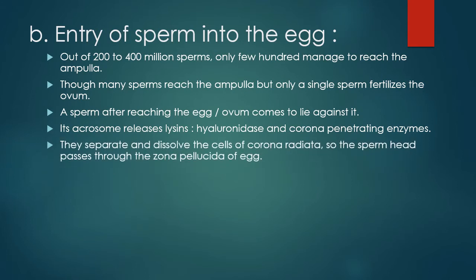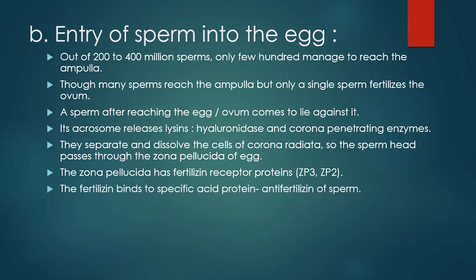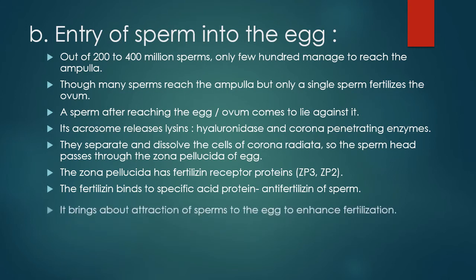They separate and dissolve the cells of corona radiata, so the sperm head passes through the zona pellucida of the egg. The zona pellucida has fertilizin receptor proteins ZP3 and ZP2. The fertilizin binds to a specific acid protein, anti-fertilizin, of the sperm.